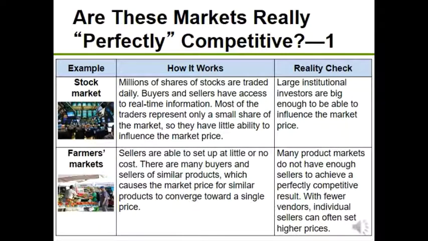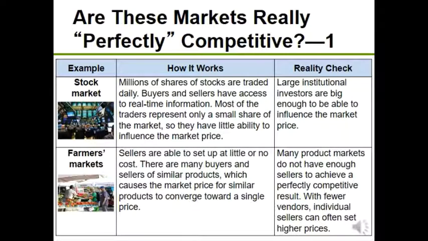One of the important things about the stock market that makes it a great example of a competitive market is that the shares are perfectly similar. So your share of Google is the exact same as my share of Google. There's no difference between them. Now, in a stock market, we have millions of shares of stock traded, lots of buyers and sellers. Those buyers and sellers have access to perfect information. We have an open ledger.